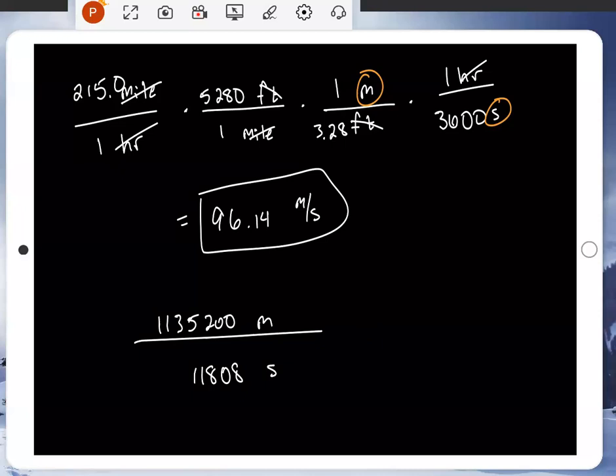You may be doing it in the wrong order, I suppose. I can't see what you're pressing. You've got to be careful with these. So I multiplied 215 and 5,280, and then I divided it by 3.28 times 3,600 when it should have been divided again.